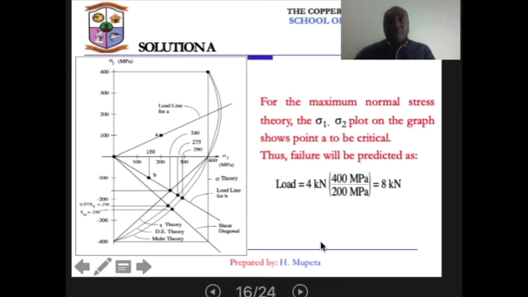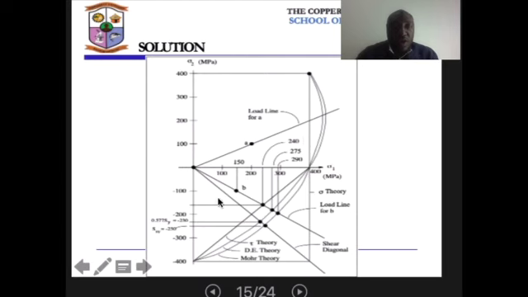For the maximum shear stress theory, when you look at this plot, this is the maximum shear stress theory. You'll see that when you plot sigma 1 and sigma 2 on this graph, the graph will show that the critical point will be point B. And if this is the critical point, point B, we're going to see that our sigma 1 and sigma 2, the ratio we're going to get will be that 150.